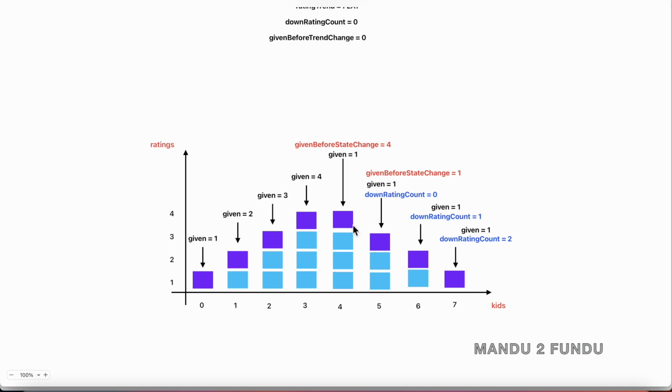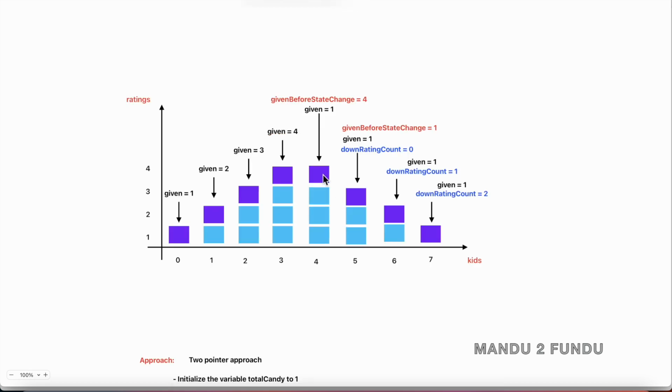In that case we can give less than what we gave to the previous kid, and because we have to give the minimal number of candies we can give only 1 candy to this kid. So that's why we reset the given count to 1 when it starts trending flat. After the first kid, the rest of the consecutive kids with the same rating will get only 1 candy.